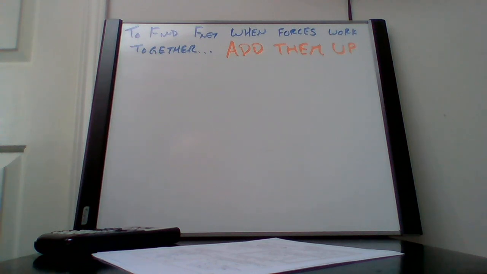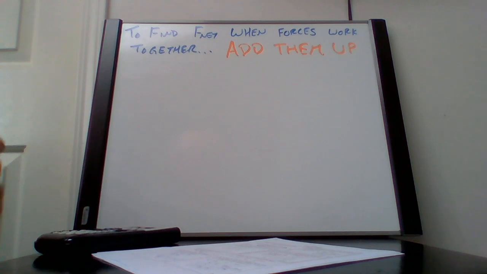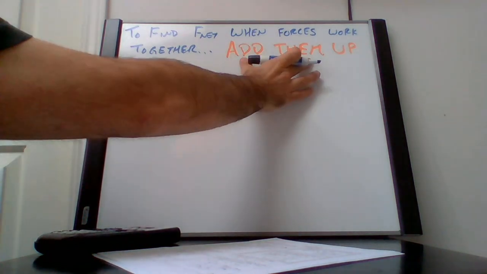Okay, beside that we also say to find F net when many forces act on an object. So we could also say that this is when they're working together.